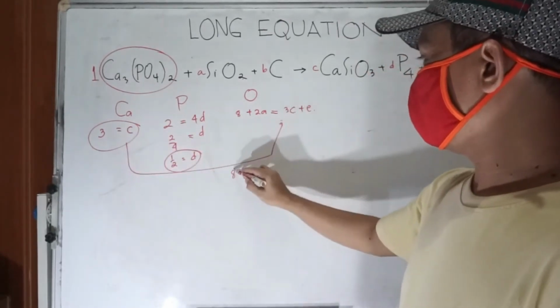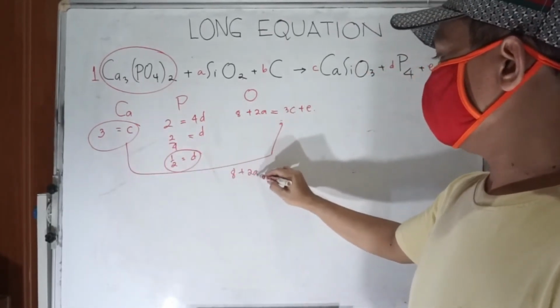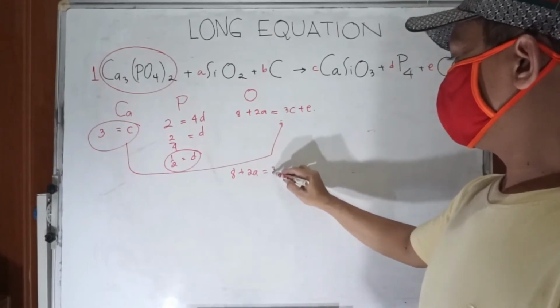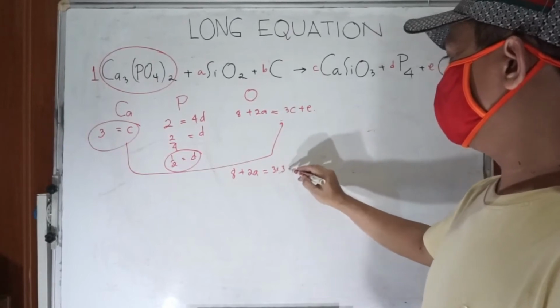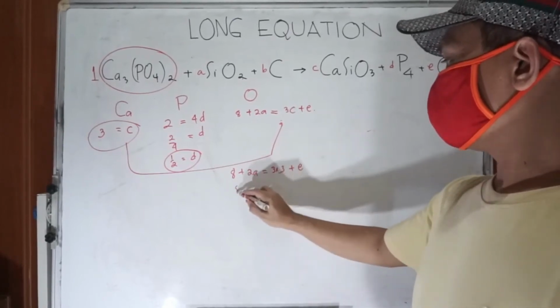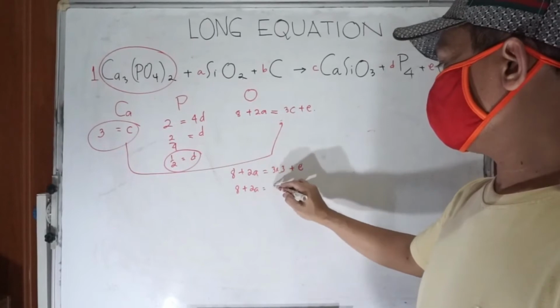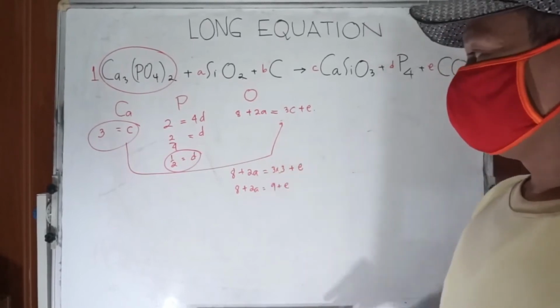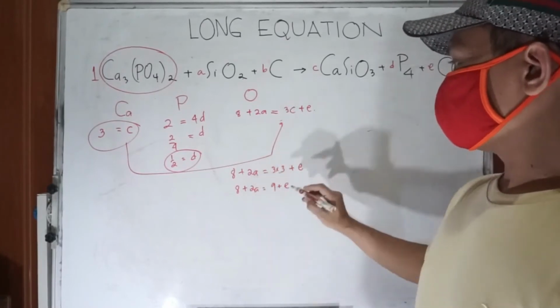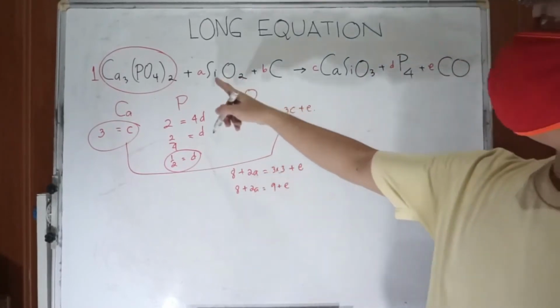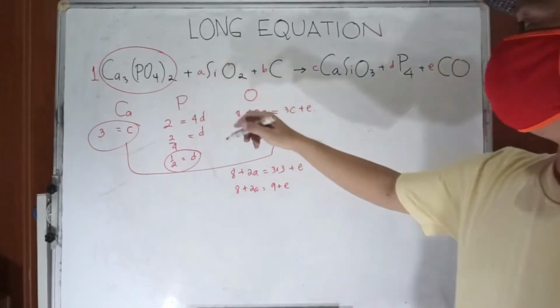So we got 8 plus 2A equals 3 times 3 plus E. So 8 plus 2A equals 9 plus E. For now, no solution. Just wait. And then go to silicon.